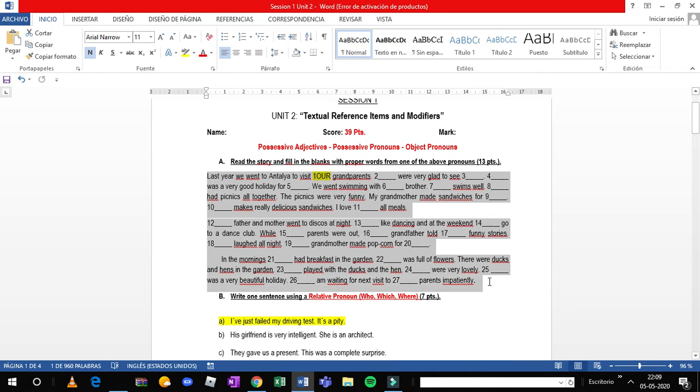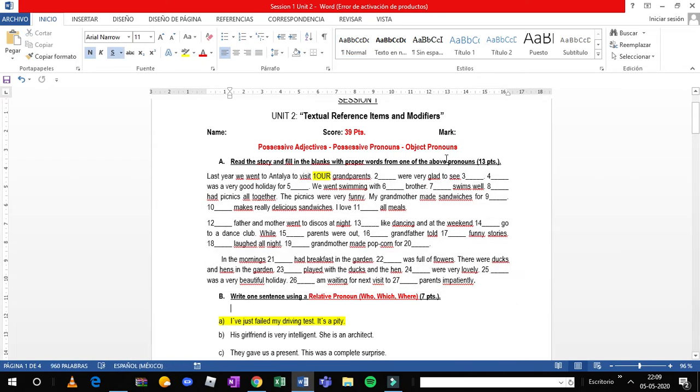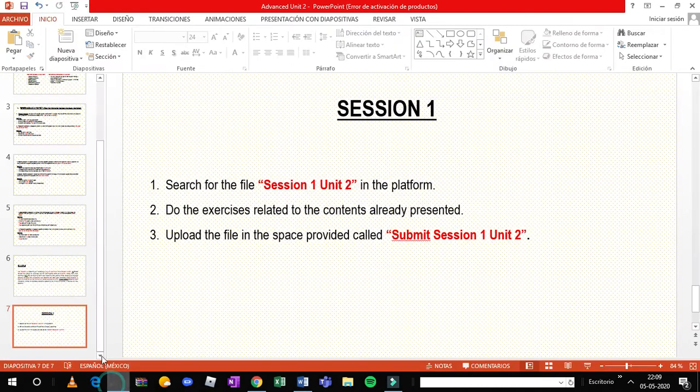You have different types of exercises regarding the contents we checked. First, we have a paragraph here, and the idea is that you identify whether the words to complete are possessive adjectives, possessive pronouns, or object pronouns.